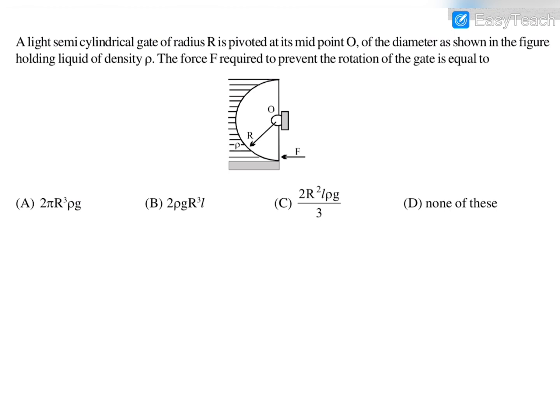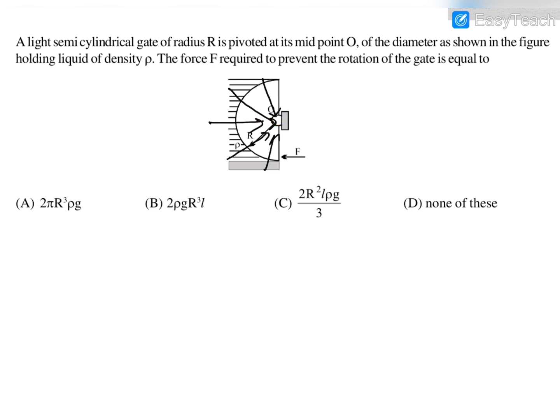So we can easily understand the situation that the torque of the liquid acting about the hinge will be balanced by the force. But if we see carefully, then we know that the liquid applies a perpendicular force on the gate like that. So this force is always passing through the hinge, and therefore the torque applied by this force about the hinge is 0.